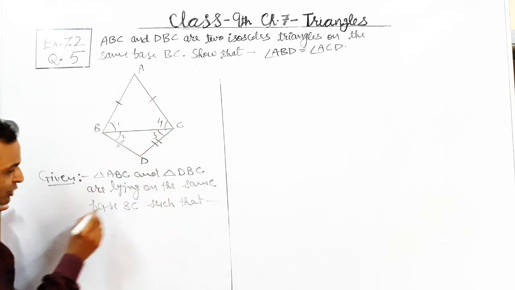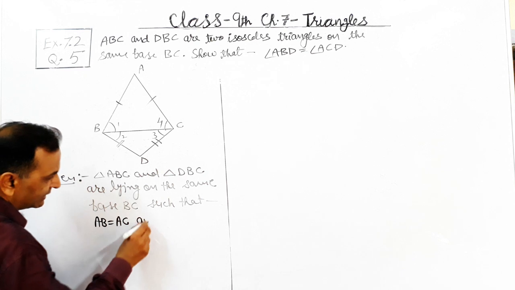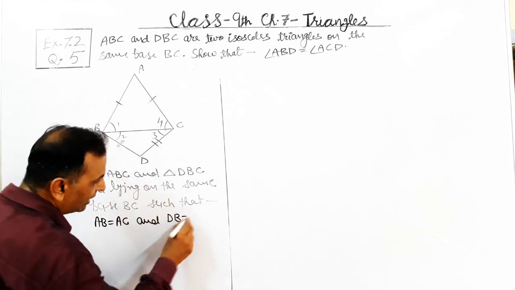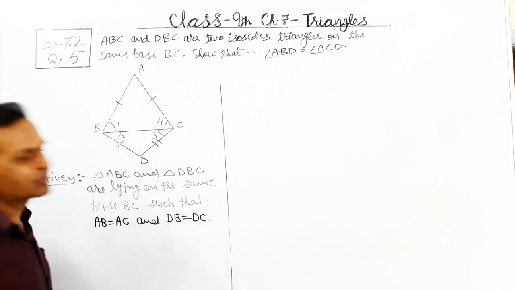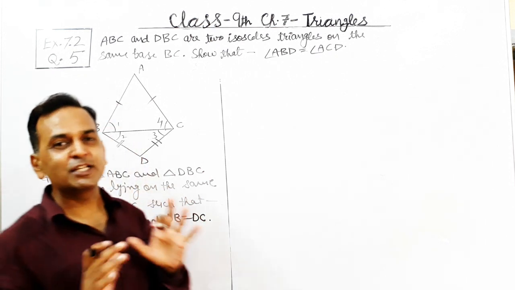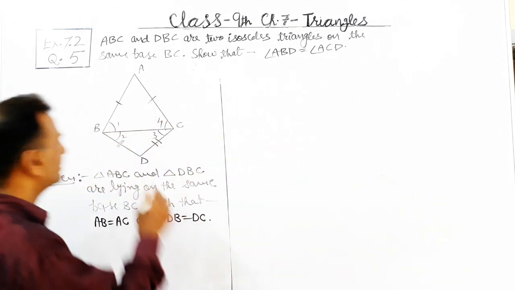AB and AC, these two sides are equal, such that AB equals AC, and similarly in this lower triangle, DB and DC are equal to each other. So triangle ABC and triangle DBC are the triangles lying on the same base BC.